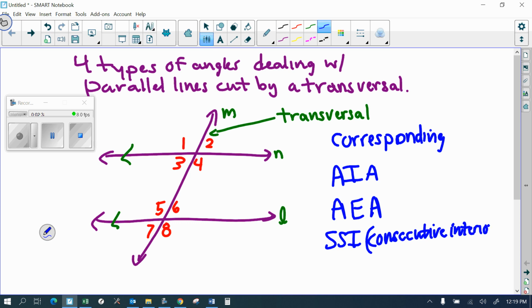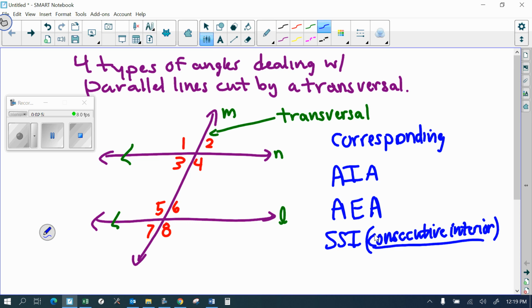You gotta know both of those because DCAS could use either one. I think they like consecutive interior angles more often, but same side interior angles is more descriptive and helps you identify them easier.